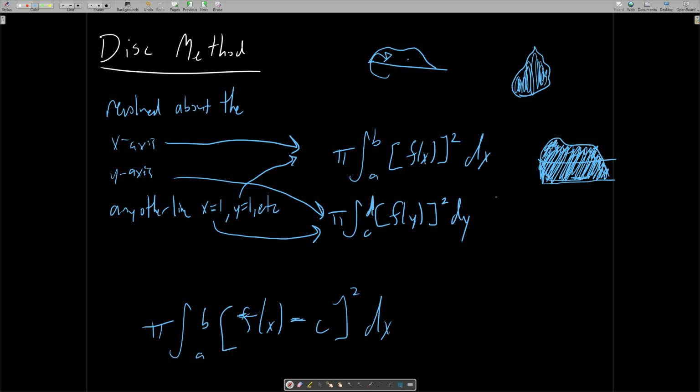So this is minus c. Let's say this is y equals -1. So I'll just be adding 1 like this. It should just be minus -1, right? And that would make it like the area between two curves, kind of.